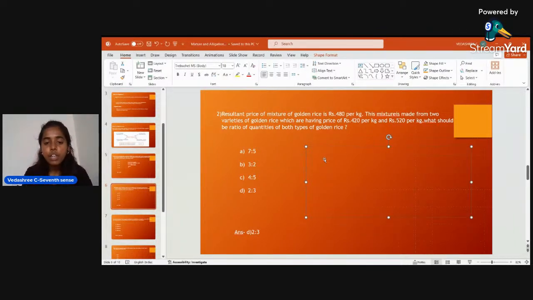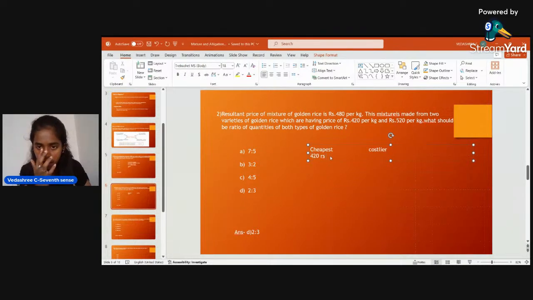Here we know the cost of the cheapest ingredient. One type of golden rice has the cheapest cost, that is 420 rupees. The other one is costlier, that is 520 per kg.